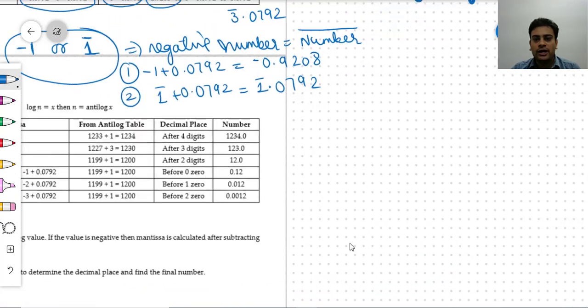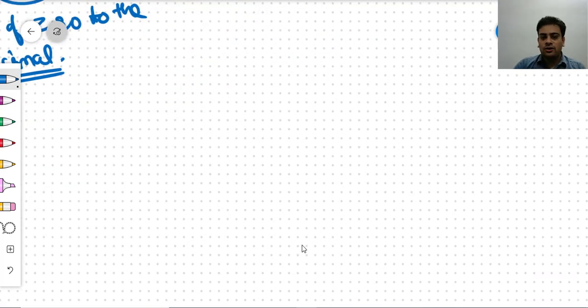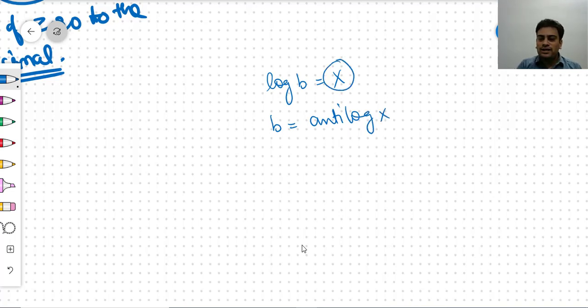As I initially told you, what is anti-log? Let's say log b is equal to x. So b is equal to anti-log of x. Now we are using this log value and taking it as a number. My final value is my number in case of anti-log, right? Let me write it here for you.